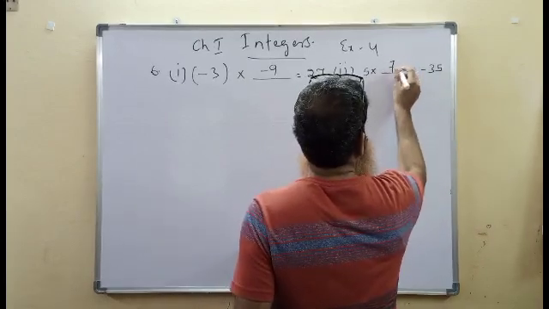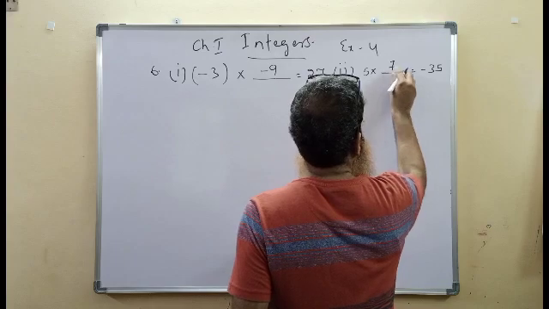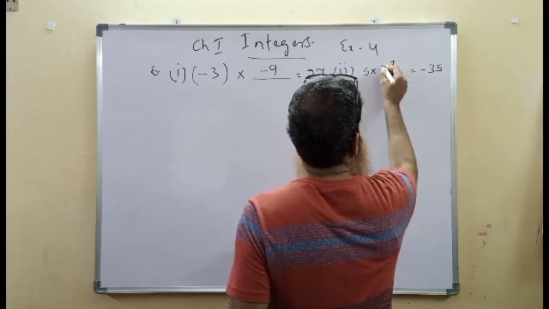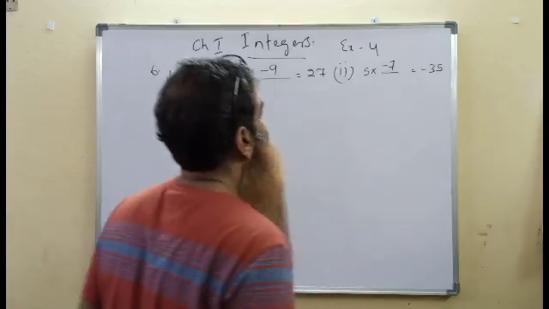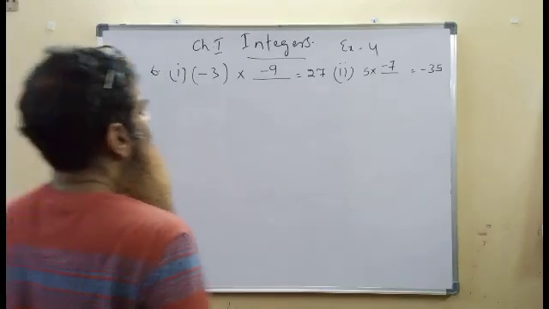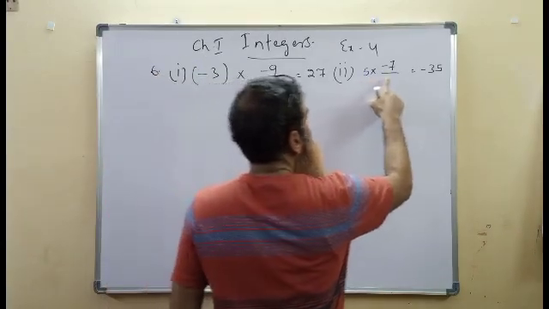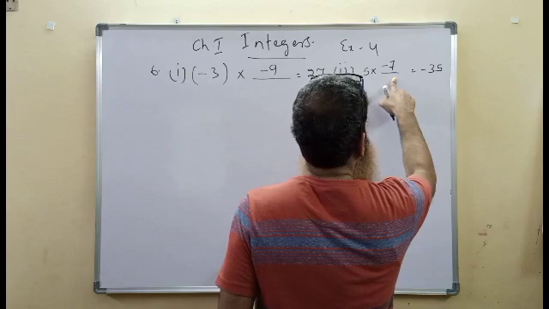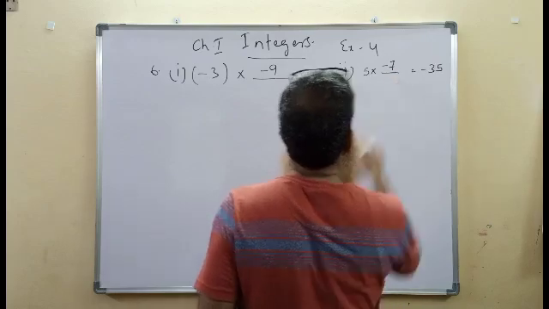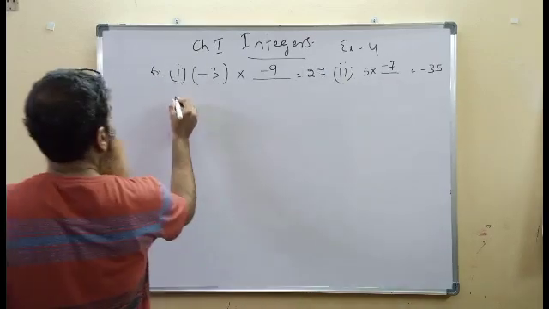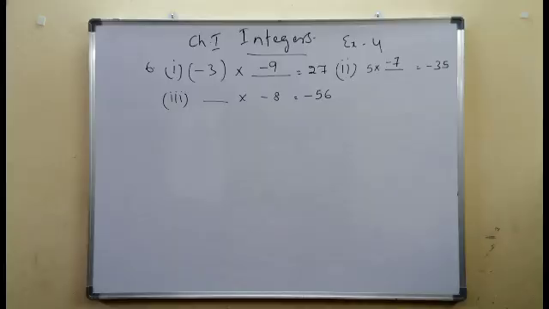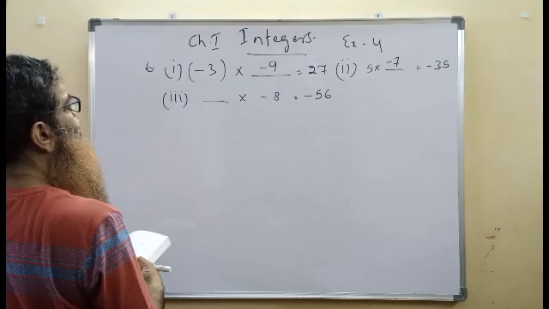One of the integers or the result is negative, so one of the integers multiplied should be negative. The given integer is positive, so the integer we need to fill in the blank must be a negative integer. It is -7. So one of the integers multiplied is negative and the result is negative, so the other integer must be a positive integer.